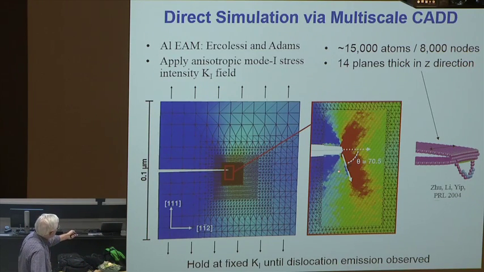And in this problem, because this partial dislocation comes out, you have to keep that in the problem because this dislocation influences what goes on at the crack tip, and it plays a role in what happens next. But unfortunately, when it comes out from the crack tip, it ends up way over here somewhere, like down there. And if I needed to keep all the atoms in the problem to keep that dislocation in the right place, computationally, I can't do that number of atoms.